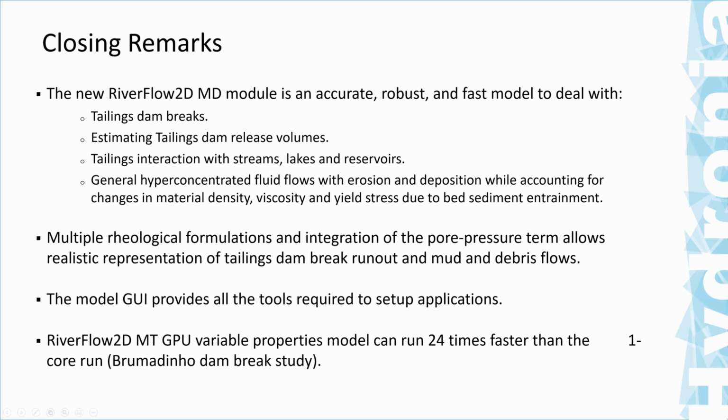The model GUI provides all the tools required to set up the applications I have shown, and there are many other tools that I didn't have time to show, but they are available in the QGIS environment. And the RiverFlow2D MT GPU variable properties model can run 24 times faster than the one core run, at least for the Brumadinho dam break study.